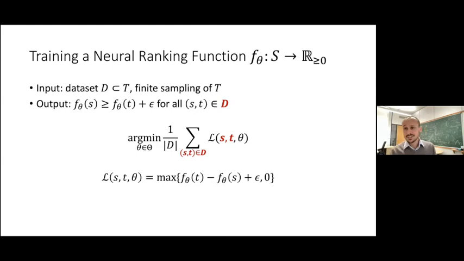Okay, but this is not the end of the story. If we train this object, this is not guaranteed to be a ranking function. If we're lucky, it is, but it's not guaranteed. How do we guarantee it? To guarantee it, we use a framework that first consists of training and then verifies the neural network, as opposed to the traditional machine learning workflow that has a training phase and a testing phase. Here we're substituting the testing phase with a verification phase.